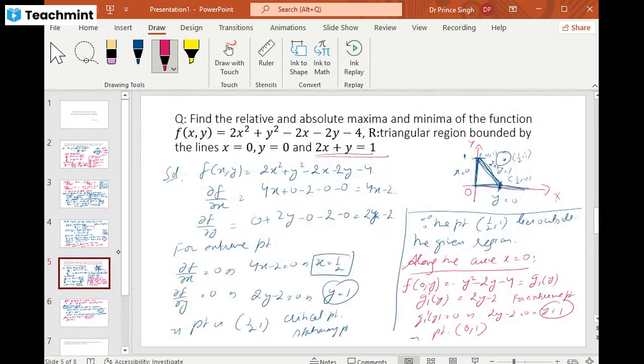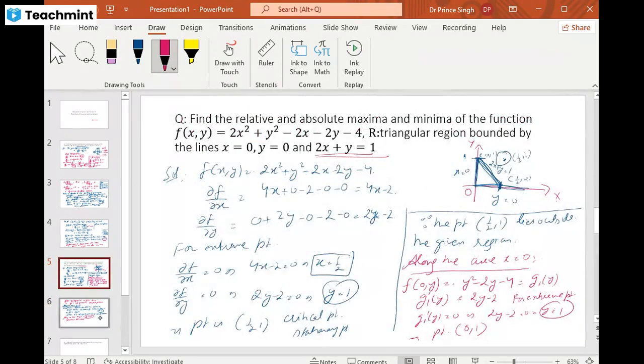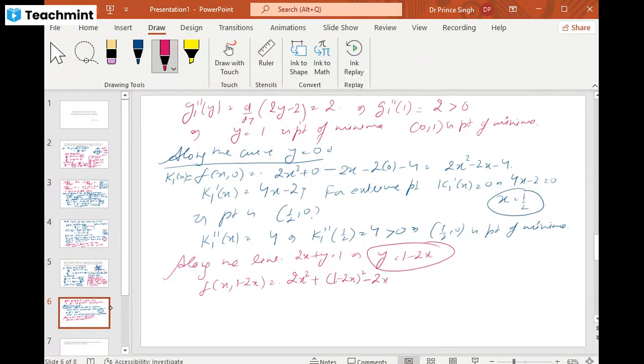So it will give us 2x square plus y square, meaning 1 minus 2x whole square, minus 2x minus 2y, where y is 1 minus 2x, minus 4. So your function is 2x square plus 1 plus 4x square minus 4x minus 2x minus 2 plus 4x minus 4.